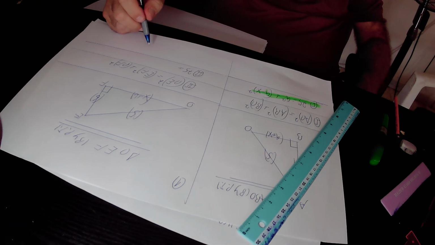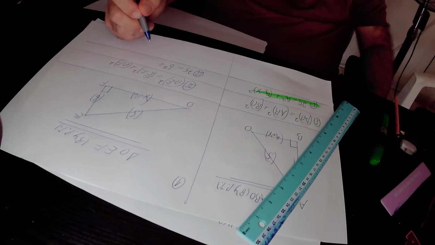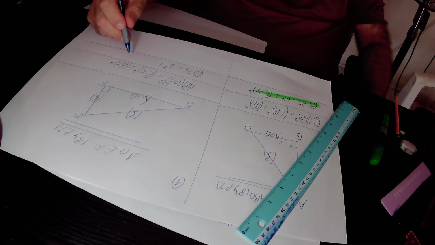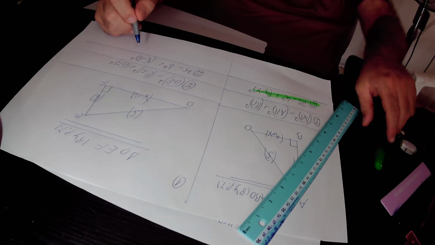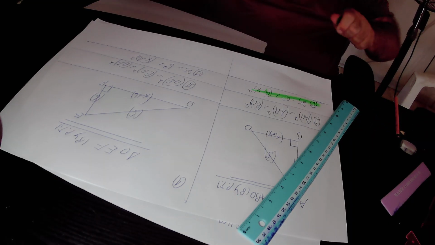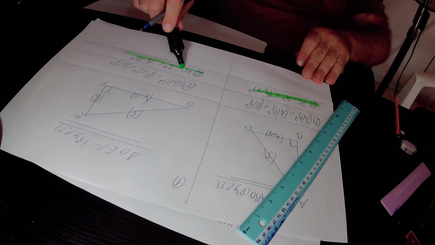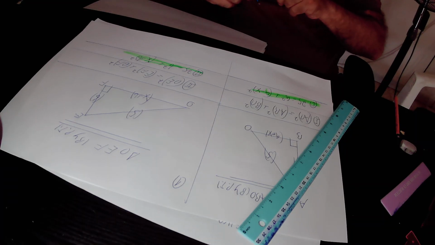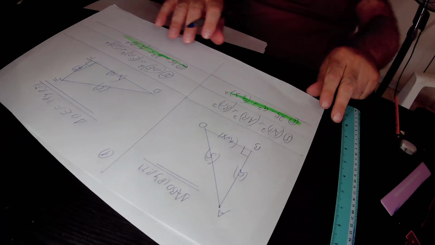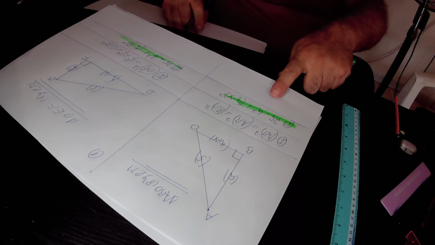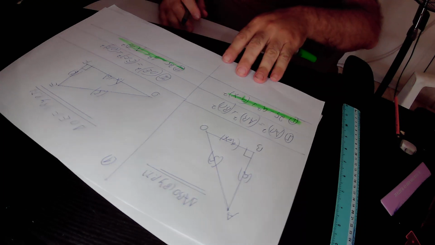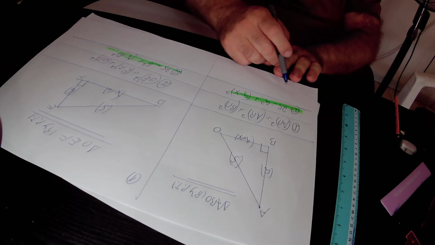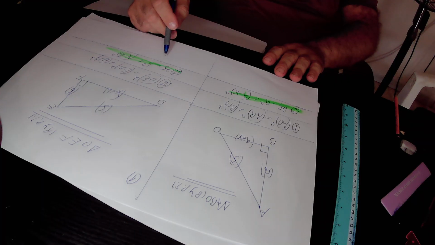EF is B, therefore EF squared is B squared, plus OF squared. OF is X plus B, therefore OF squared is X plus B squared. So in total, according to equation 2, 25 equals B squared plus X plus B squared. According to equation 1, we have already found that 25 equals A squared plus A minus X squared. Therefore, we get equation 3, which says that 25 according to equation 1 must be equal to 25 according to equation 2.